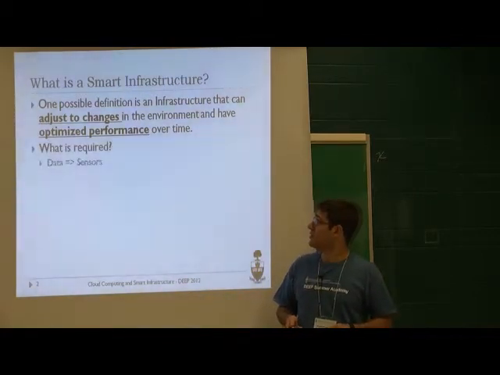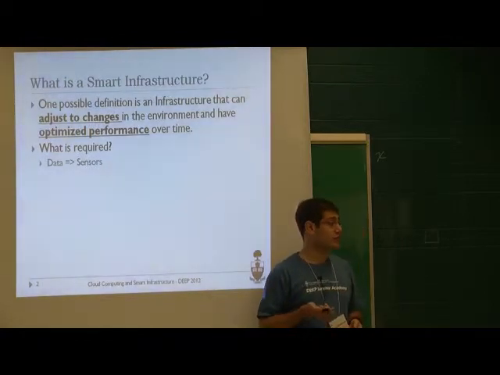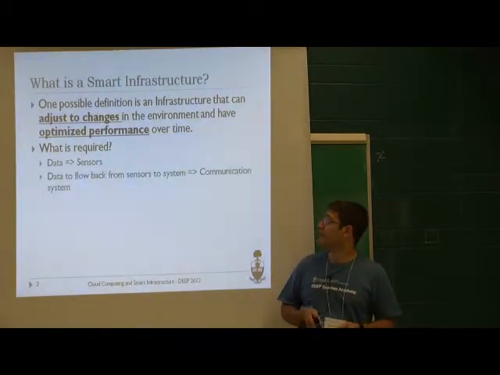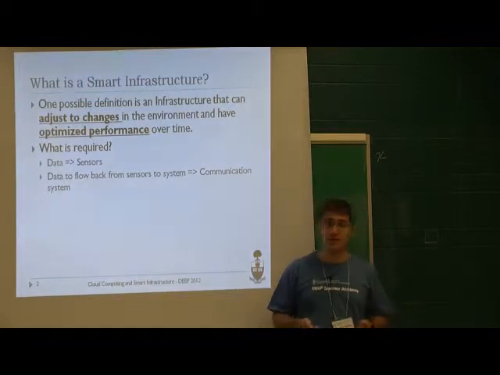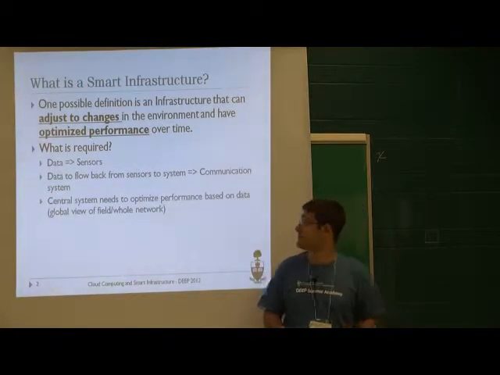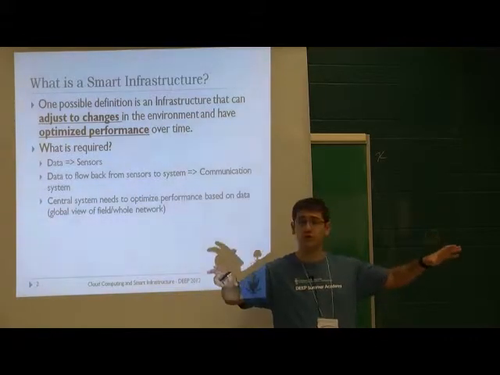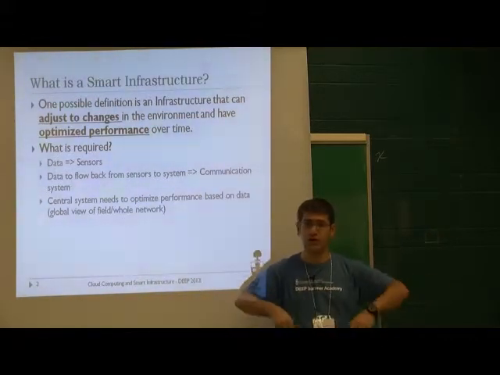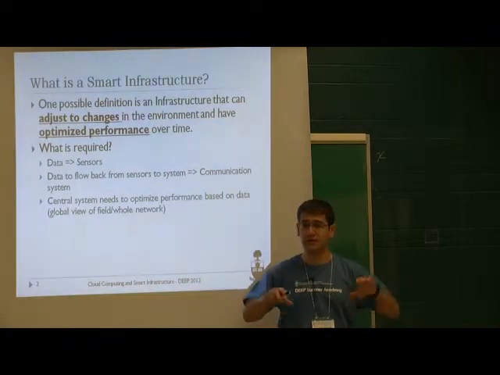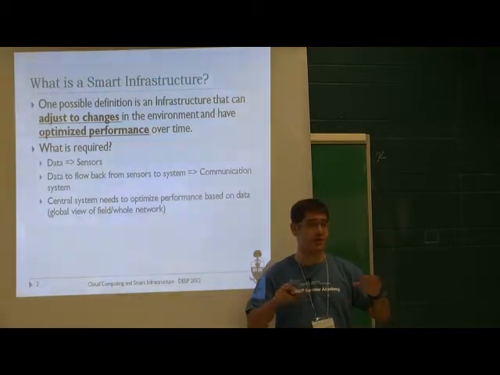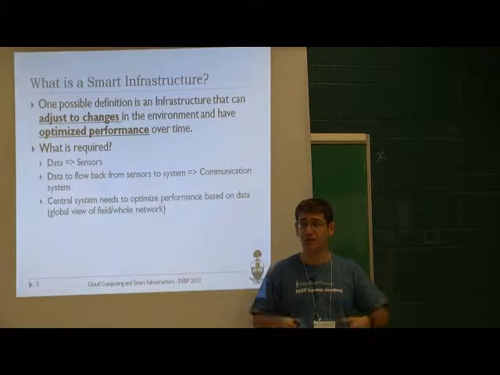So what is required for this? Data, and you get this from sensors. You need data to flow back from sensors to a system, which means you need a communication system. You need a central system which has a good enough view of your whole network, whether it's a power network, a communications network, a transportation network, whatever it is.